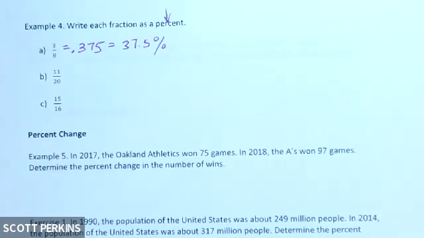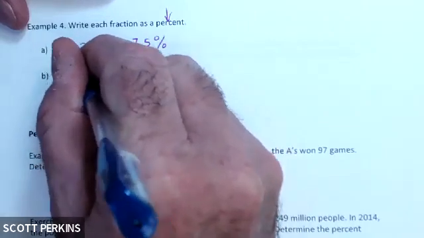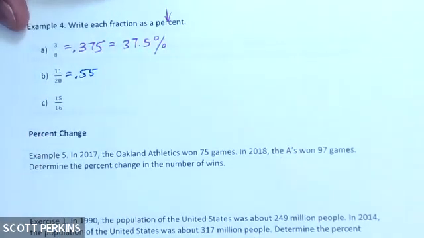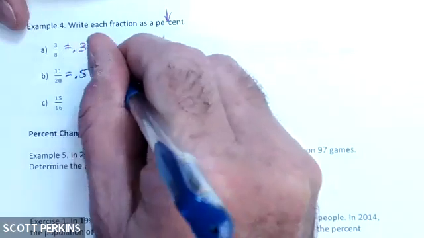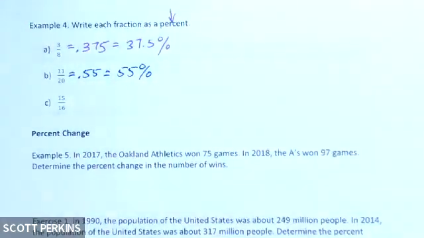So when you pop 11 over 20 into your calculator, it becomes 0.55. And then when I go to make that into a percent, that becomes 55%.